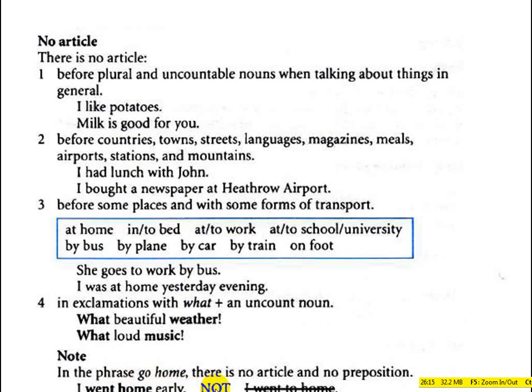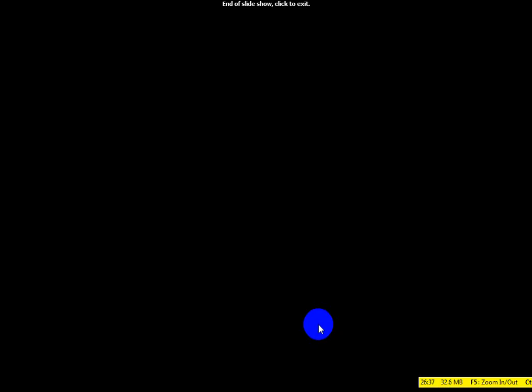It is incorrect to say I went to home. Here to is a preposition, so it is incorrect. So with the phrase go home or went home, in the past, there is no article and no preposition. Thank you.